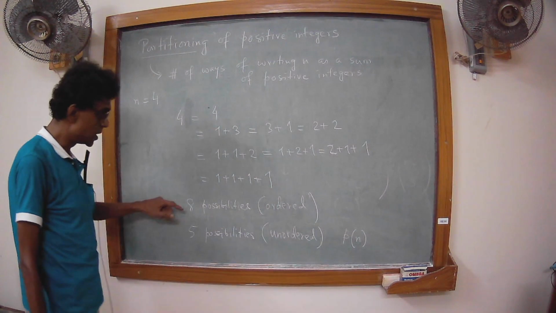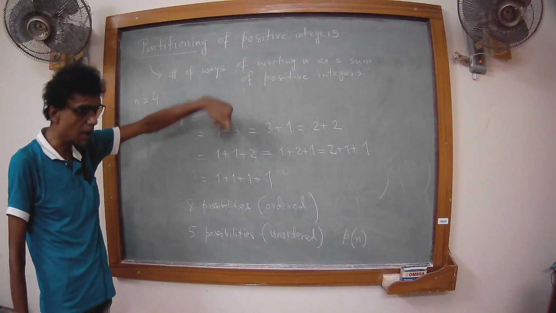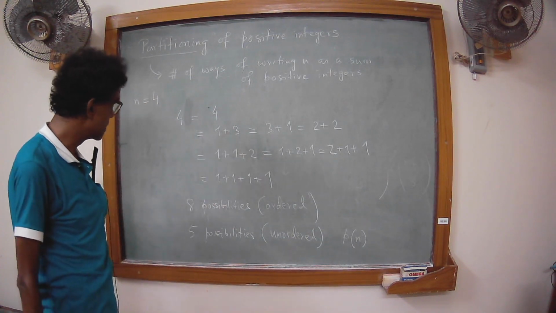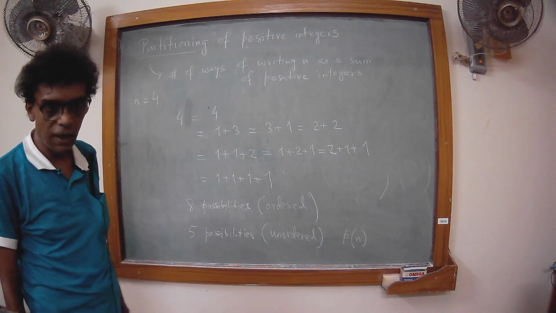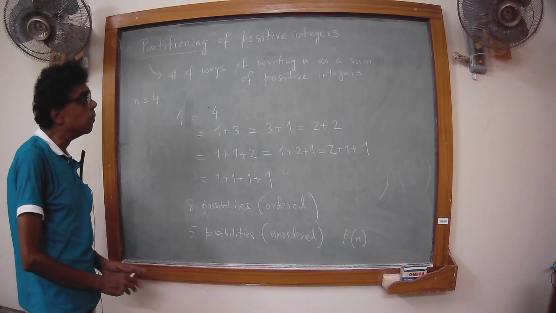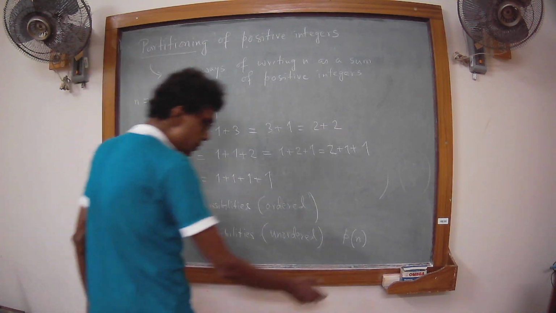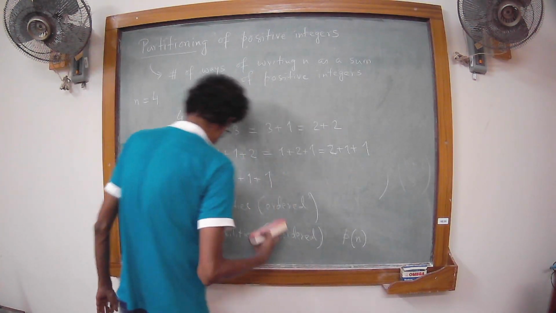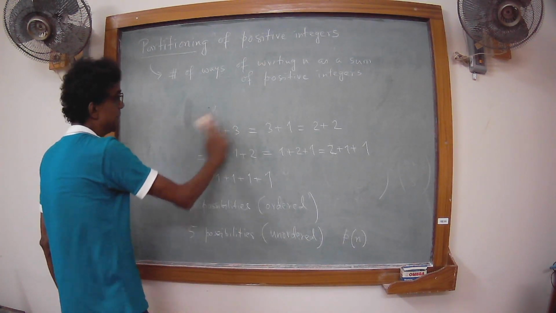However, if you consider ordered ways of writing 4 as a sum of positive summands, then there exists a very neat formula. And it is that formula that we will now derive. And there we will use that x1 plus x2 plus and so on equals something.